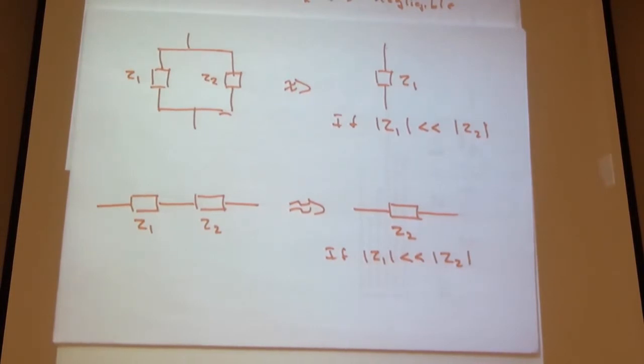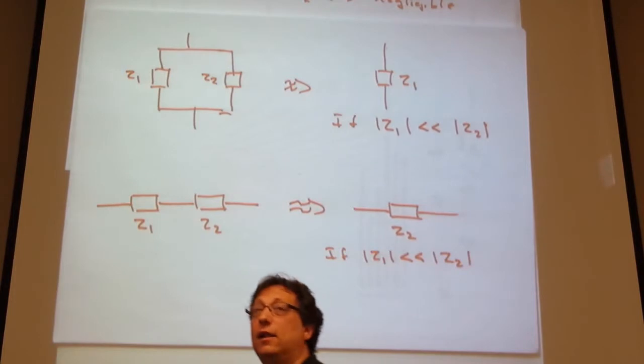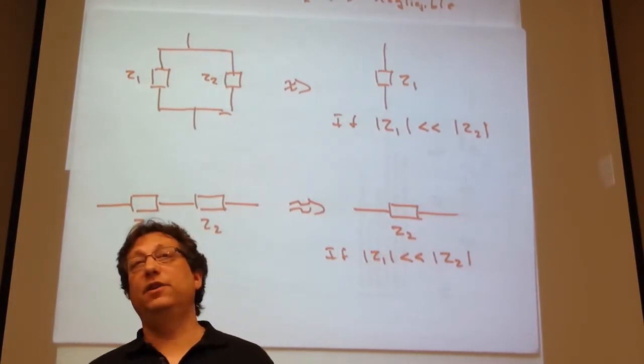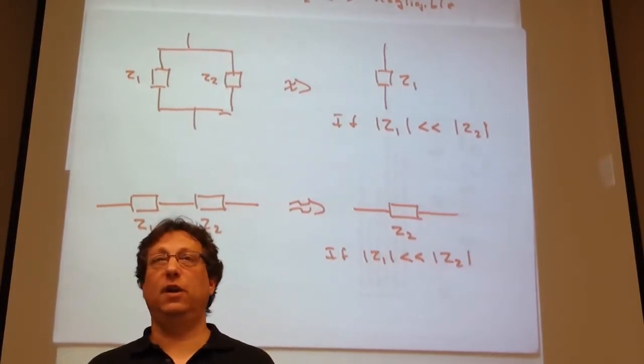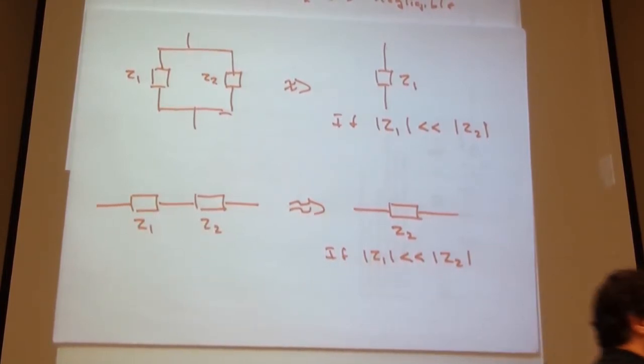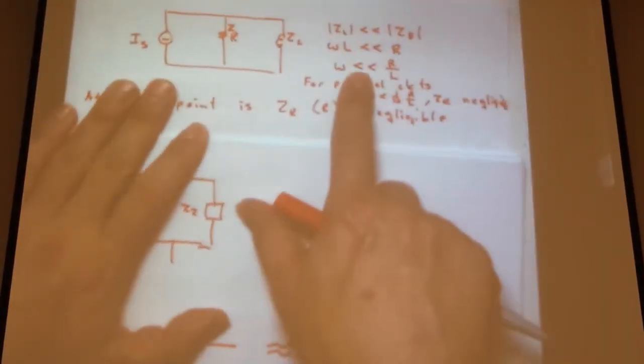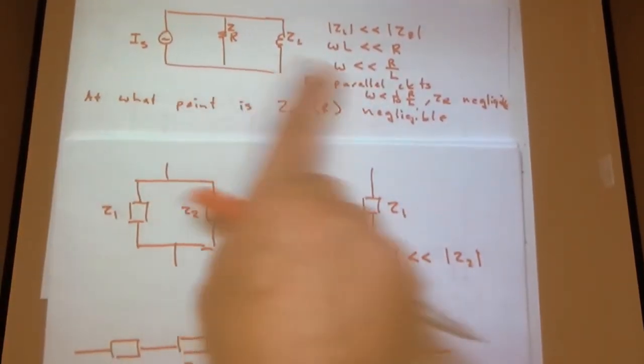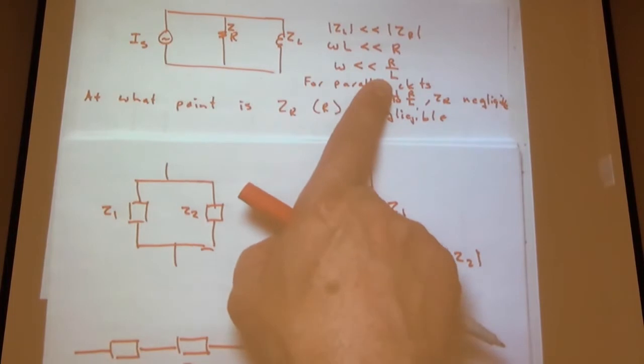And so these are things we can look at. Now, what's the difference now that we're talking about L and C? The difference is these magnitudes are frequency dependent. So we do have to look at the frequency. For this case, we can ignore ZR for omega small relative to R over L.